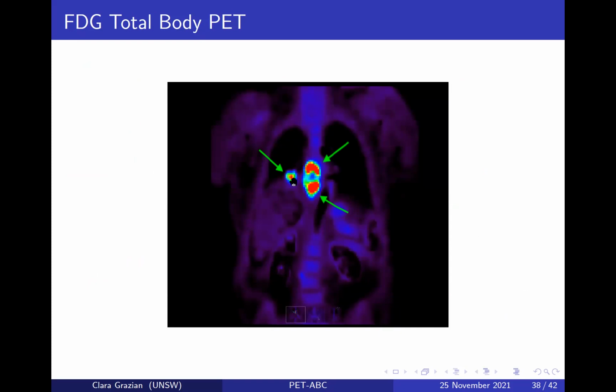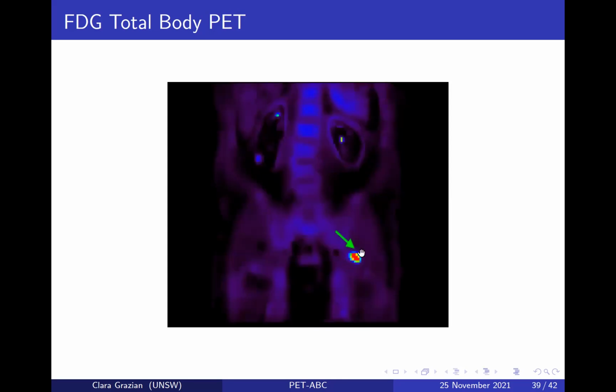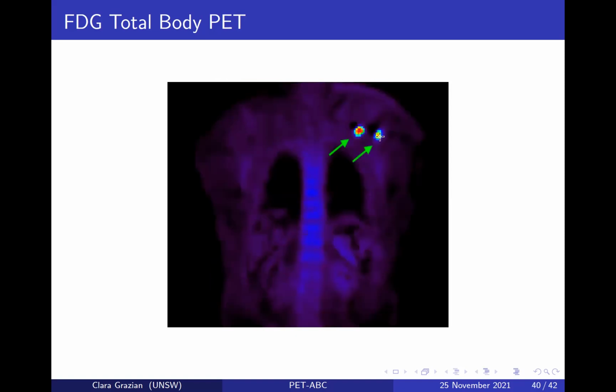So for example, these are all types of cancer. And in other areas of the body, we identified again cancer here and here.